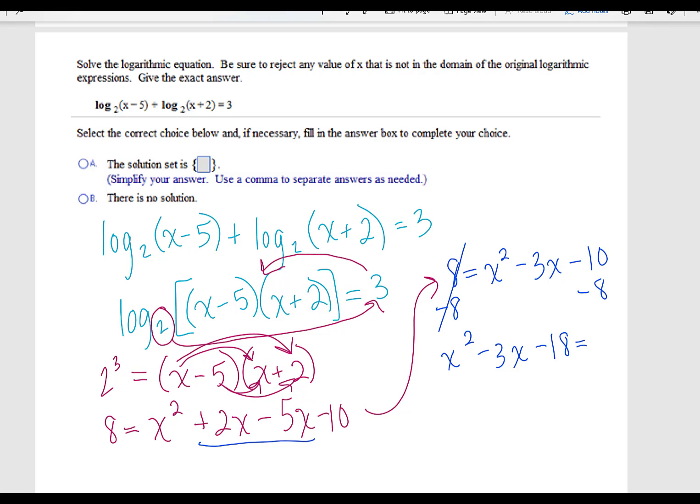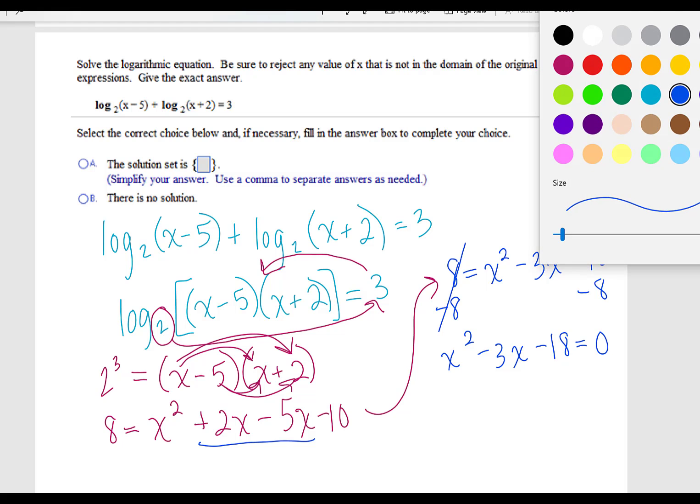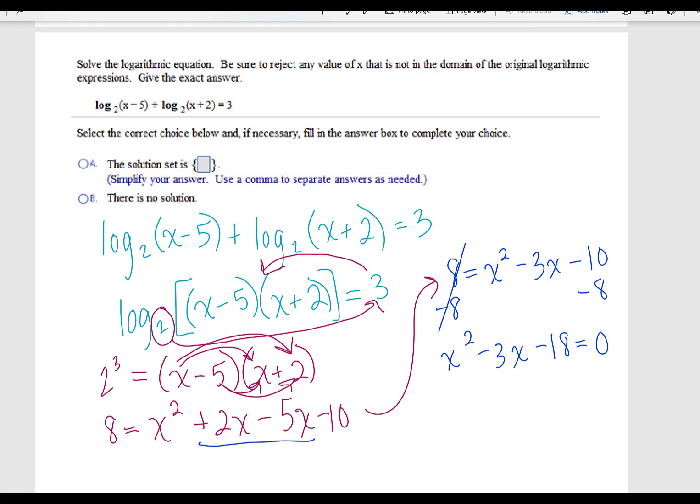And I'm actually going to put the 0 over here on the right side. I could leave it over here. So I didn't change anything, I just switched sides of where the 0 was. Okay, so we can FOIL here. We can use the quadratic equation. You pick your poison, however you like to solve quadratic equations.